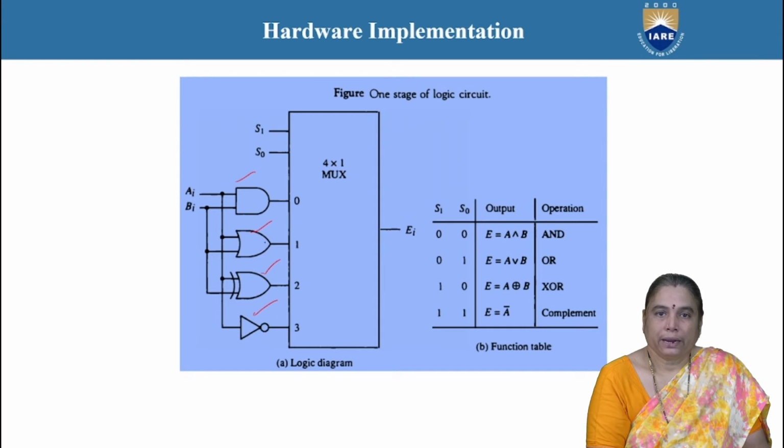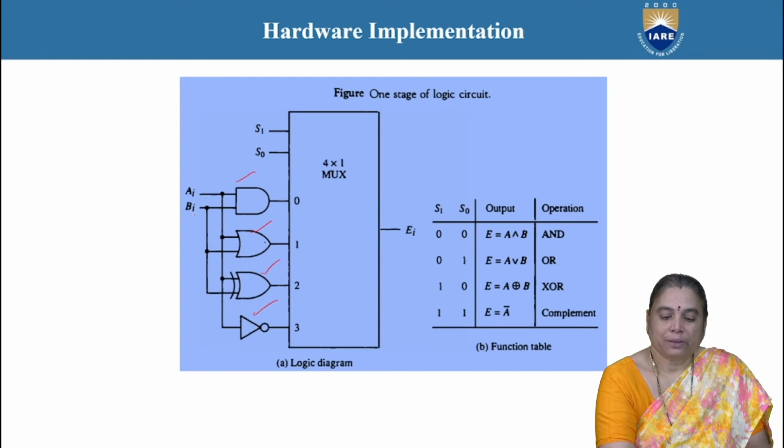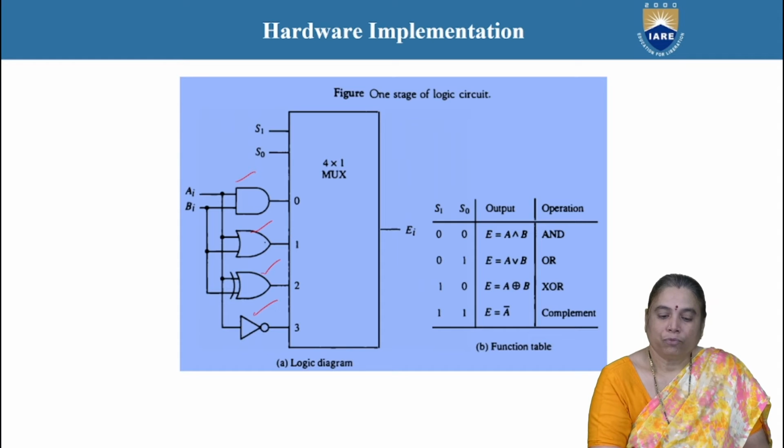These 4 gates are given two inputs A and B. The successive bits of A and B are supplied as input to this circuit.